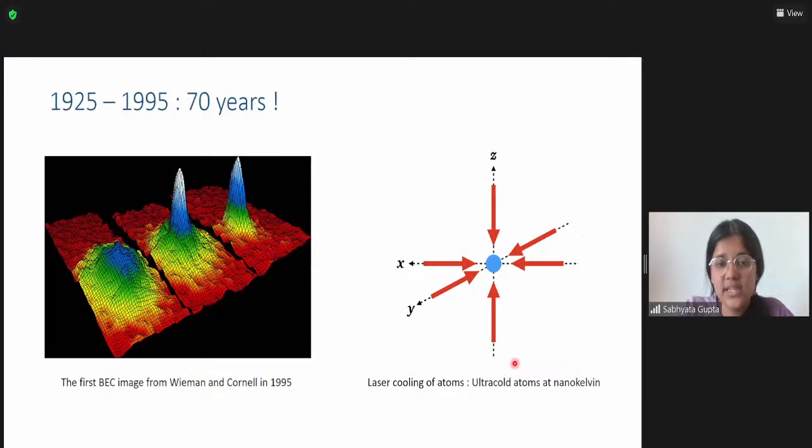Nanokelvin is much cooler than even outer space, which is around 2 Kelvin. Once these techniques started to develop, it opened a new field of ultracold atoms in optical lattices and led towards unification of condensed matter physics models and atomic, molecular, and optical physics.